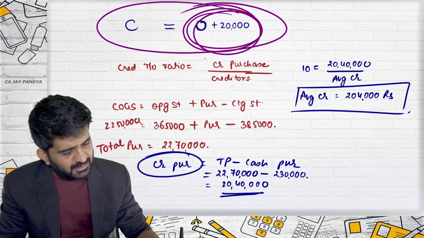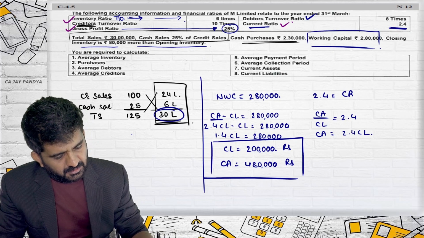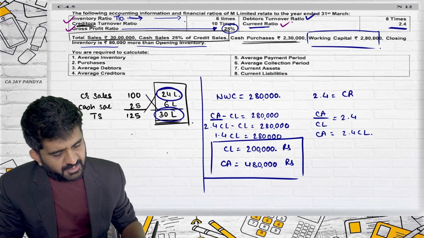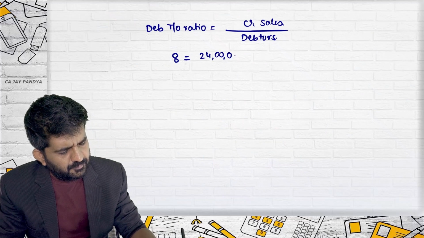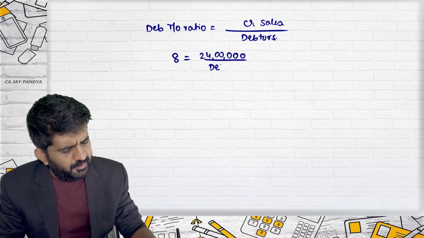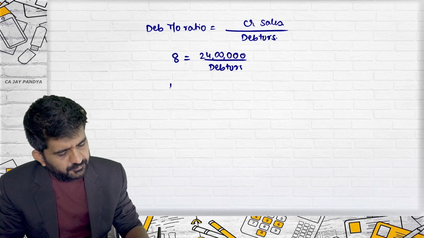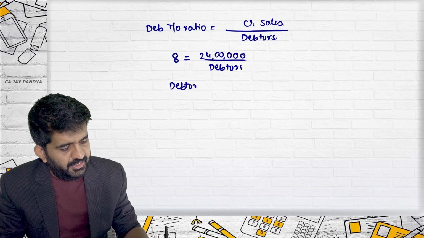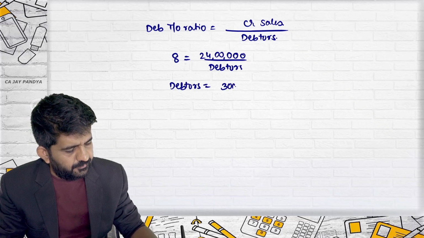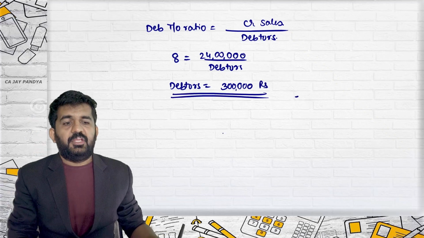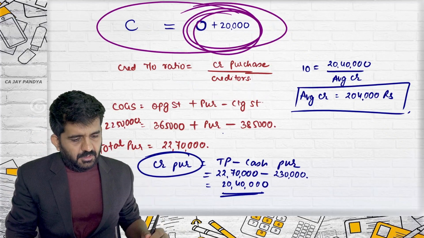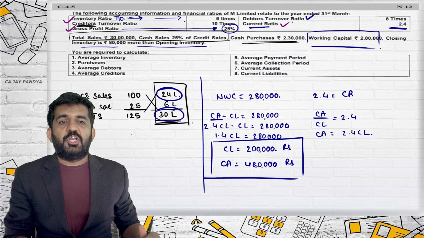Credit sales, do we know it? Yes, credit sales is 24 lakhs upon debtors. So debtors will be 3 lakhs rupees. This was question number 4.5.